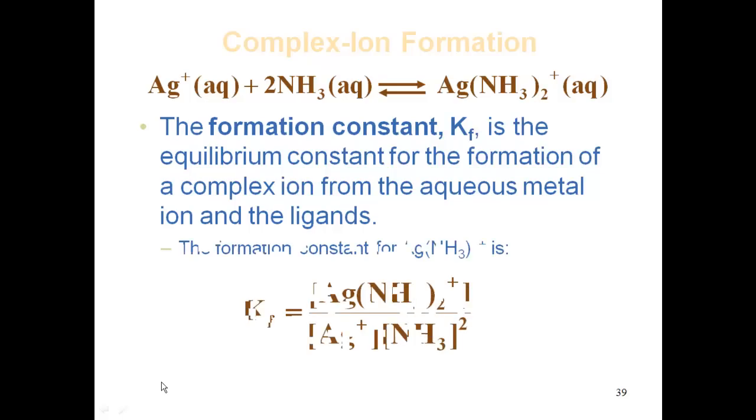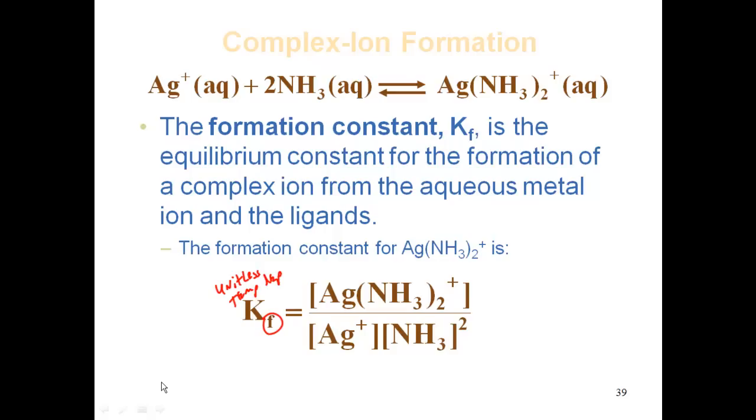In this case, the K would be the concentration of your diamine silver ion to the first power divided by your silver to the first power times your ammonia to the second power. Same way we set it up before, and since we're talking about a formation constant, we give that a Kf. As before, this is unitless. There are no units. And also, it is temperature dependent.